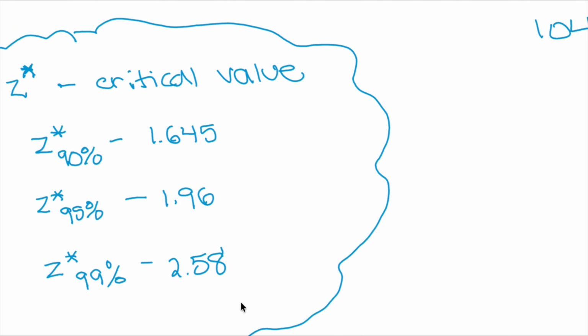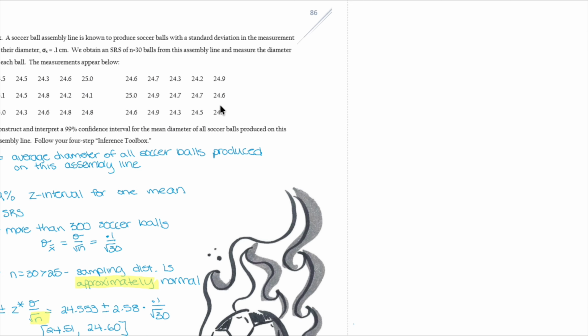You can also use your calculator on the test to quickly find those, but if you can just memorize them, it will be much easier. So z star for 90% will be 1.645, and z star for 95% will be 1.96. Z star for 99% is going to be 2.58. So z star here just means the critical values that we're using to find the intervals of the question.